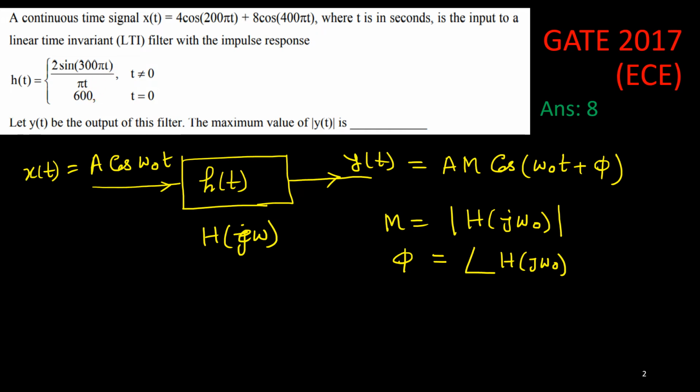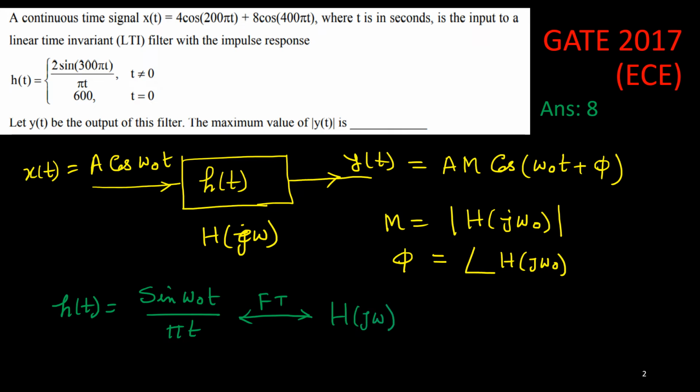So you understand that if signal h(t) is sine omega naught t upon pi t, then its Fourier transform, this capital H(j omega), right? And that would be simply, as a sinc function you will get a rectangular function there.